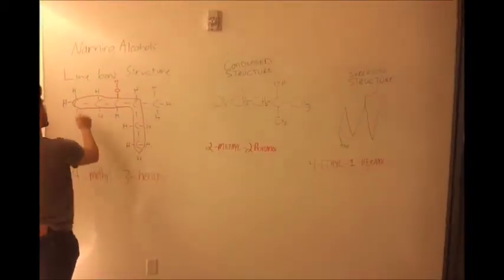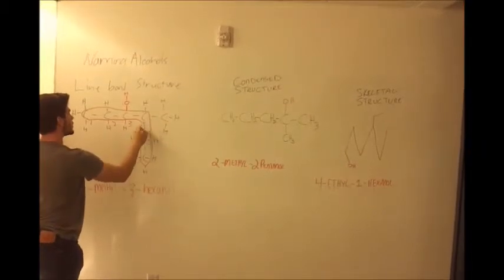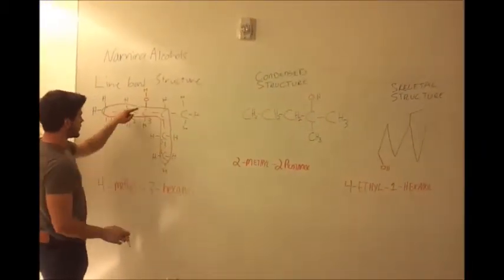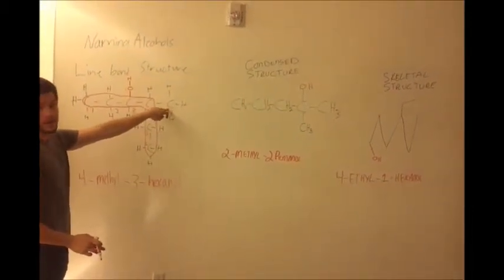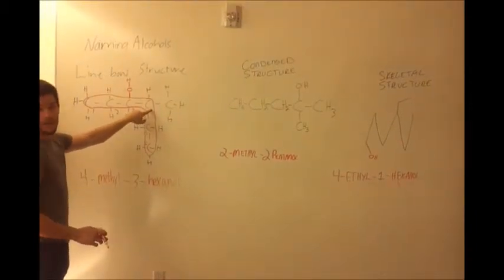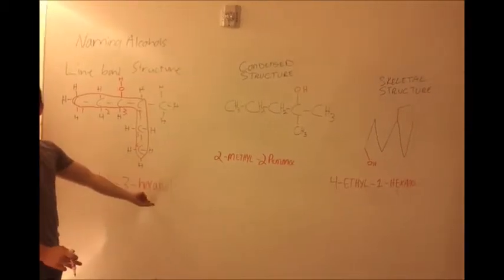So this is 1, 2, 3, 4, 5, 6, hexanol. 3, and methyl, because it only contains 1 carbon, and 4, because it's located on the 4th carbon of the chain: 4-methyl-3-hexanol.